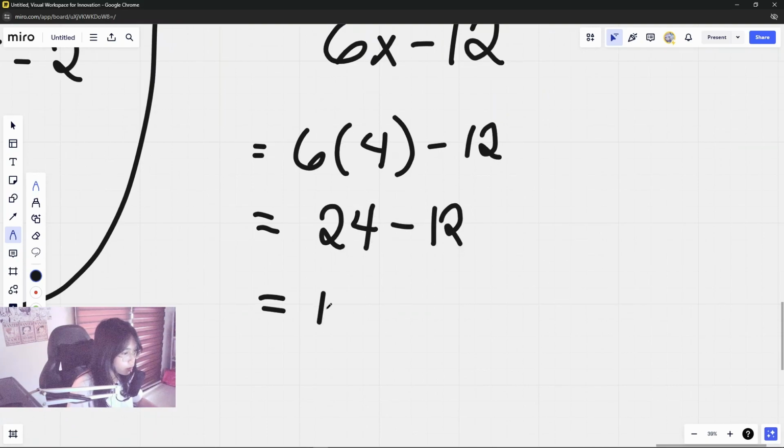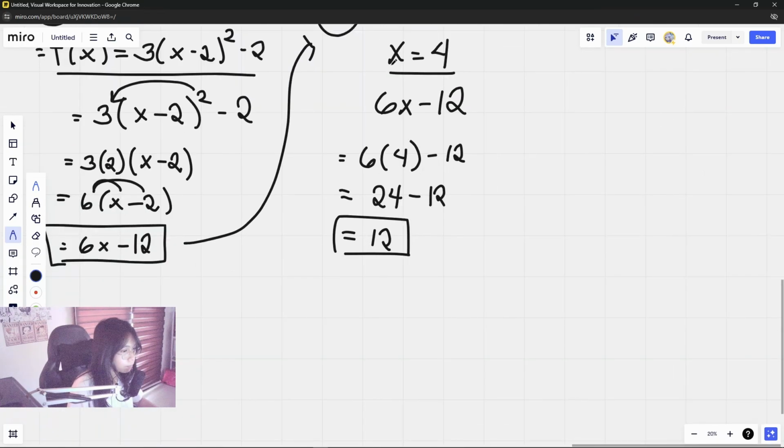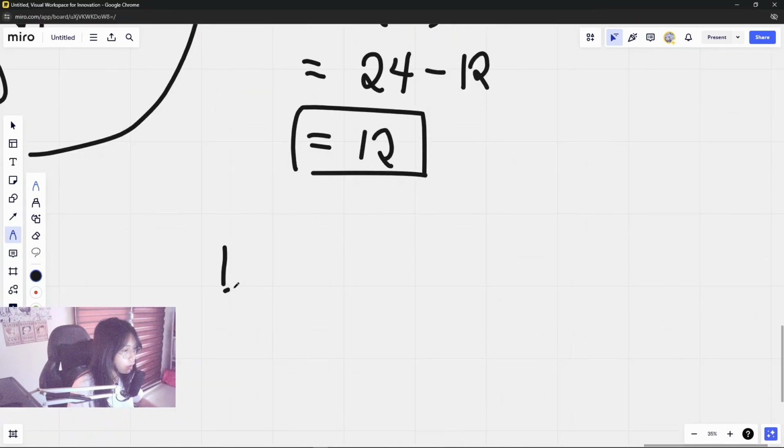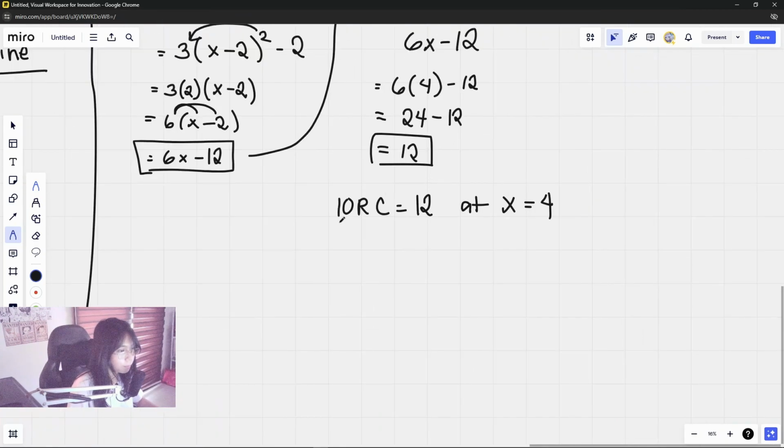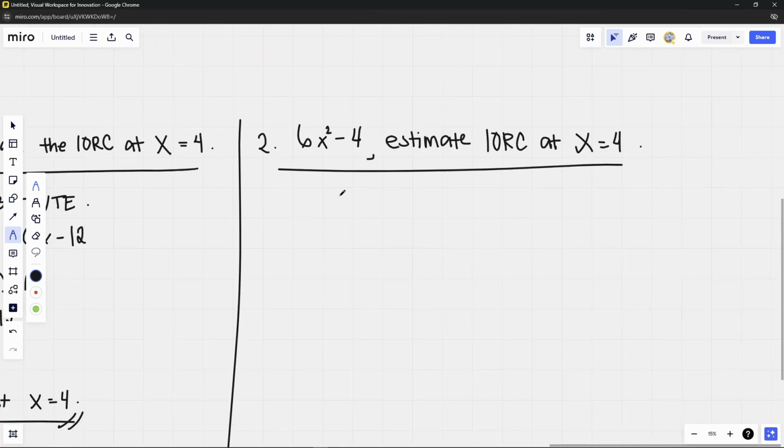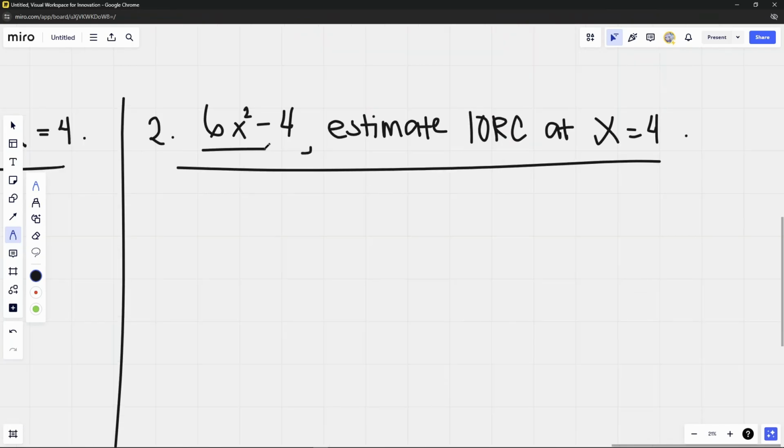That is just 12. Therefore, our instantaneous rate of change is 12 at x is equals to 4.